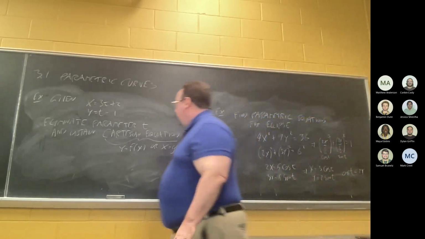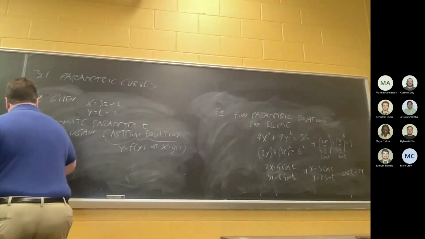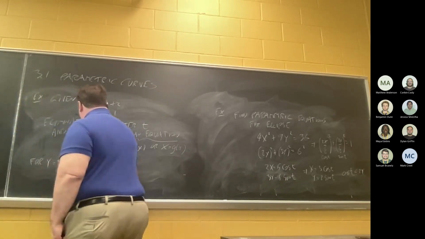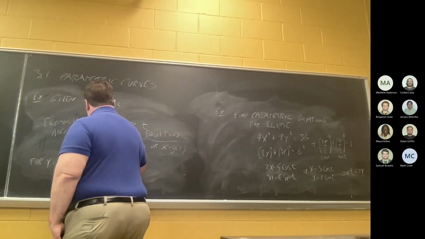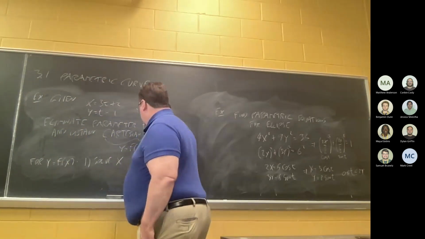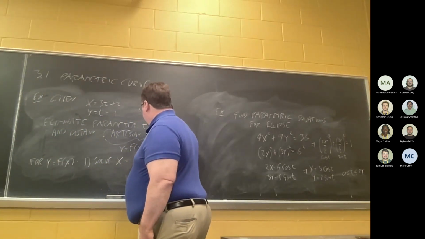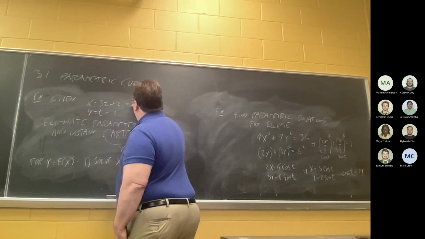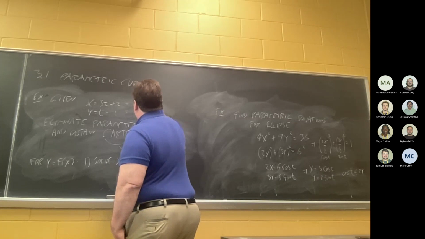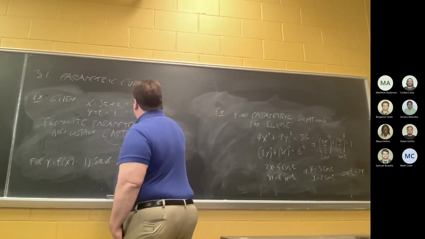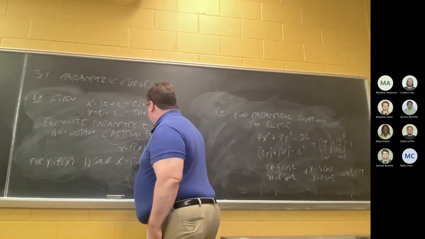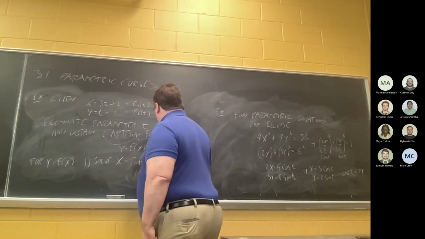So what you do is, if you want y equals f of x, you solve your first parametric equation. I'll just refer to these as R1 of t, R2 of t, whatever functions of t you're given. You solve your parametric equation for x for t.